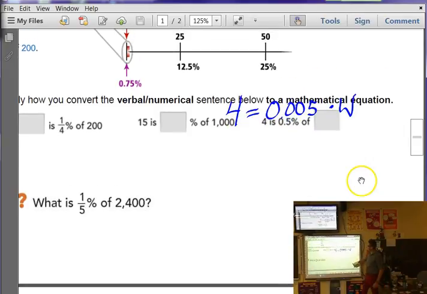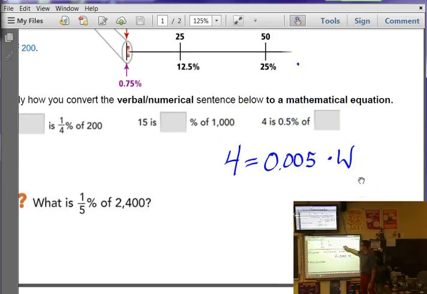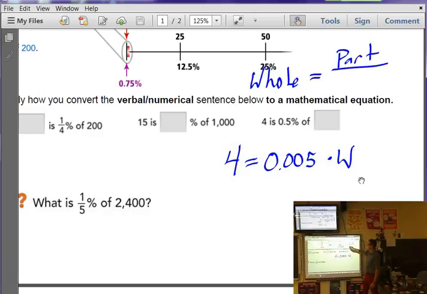There's an equation that tells me if I'm looking for the whole amount, you find the whole by doing part divided by the decimal percent, the percent value, but as a decimal. So you can't actually use the percent, you have to use the decimal. So if you want to write this down, you can, but I hate when you guys just memorize and apply formulas. I want you thinking through this.